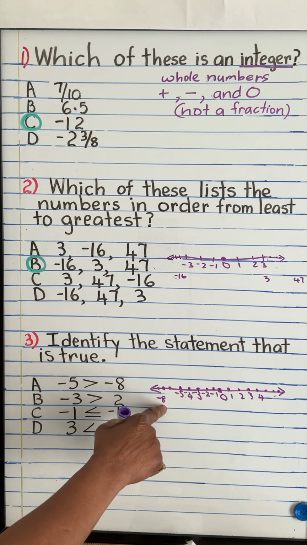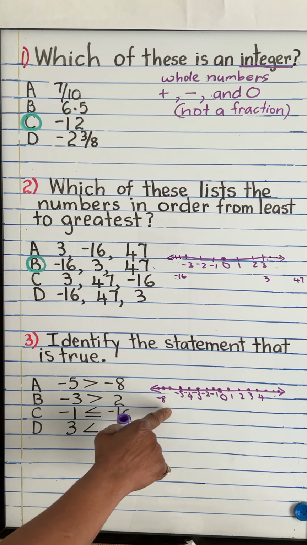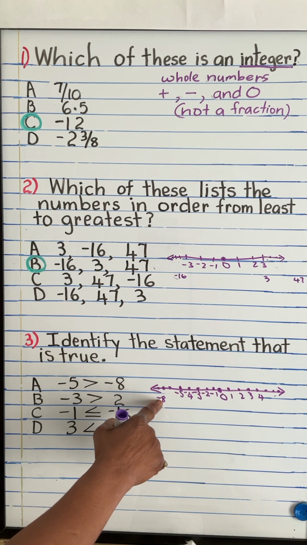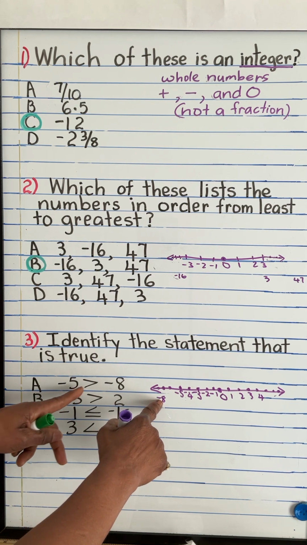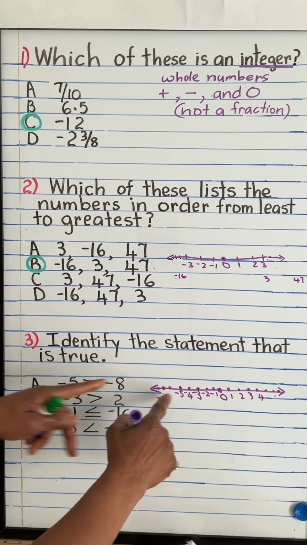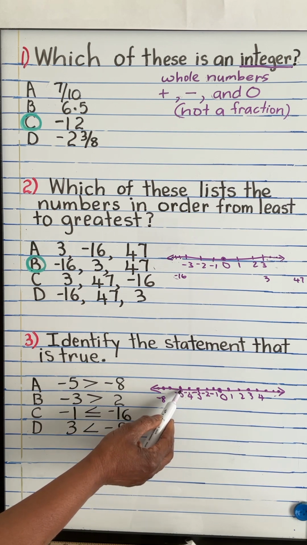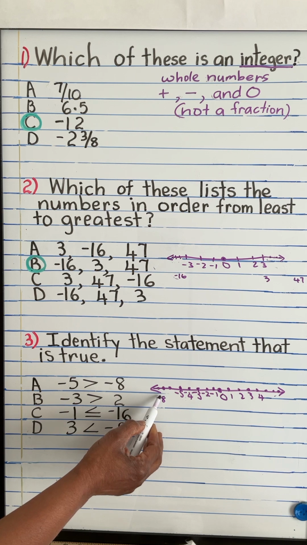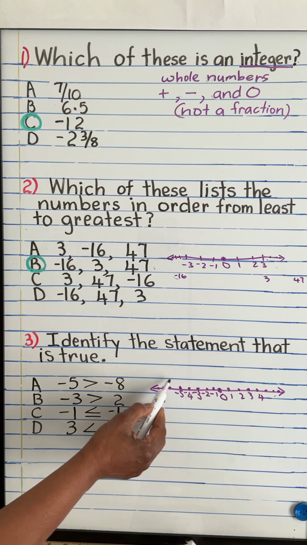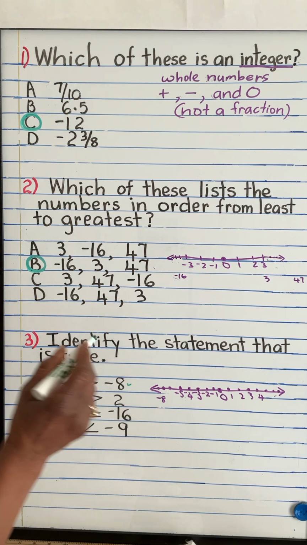As the numbers get larger to the left, they are smaller in value. They are less in value. So negative 5 is greater than negative 8 is true, because negative 5 is right here and negative 8 is to the left. Let's put a check right here.